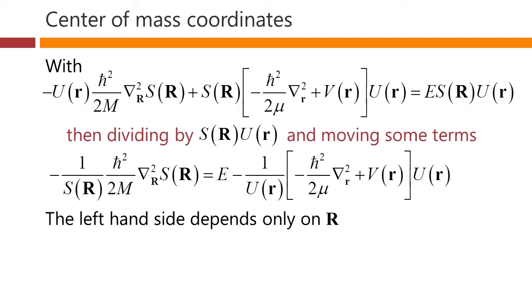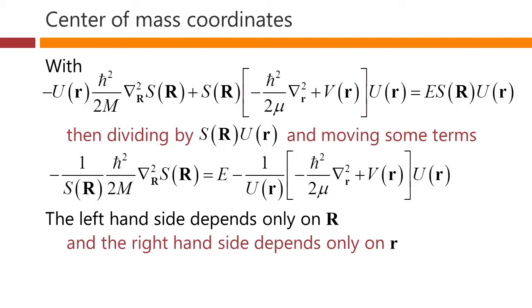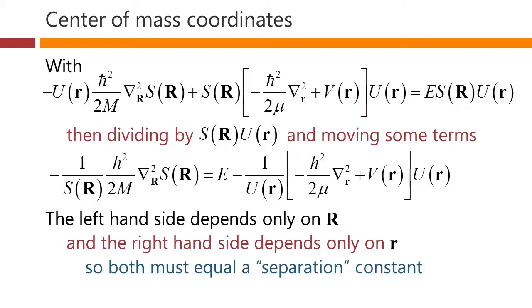So, as I said, the left-hand side depends only on capital R, the right-hand side depends only on little r. So both must equal a separation constant. This only depends on one variable, this only depends on the other. And that separation constant we can call E center of mass, or COM, and we put that mathematically on the right-hand side here.